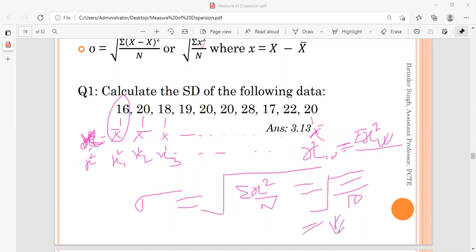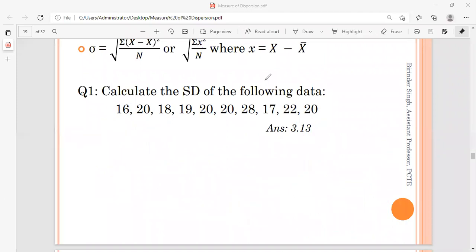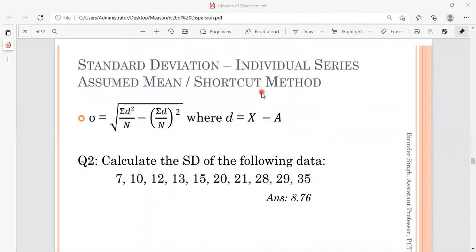That will be the value of the standard deviation. I think you understand how to compute the standard deviation in case of the individual frequency distribution. Let us move towards the computation procedure of standard deviation for discrete data.